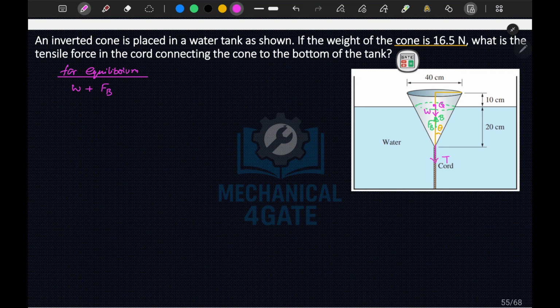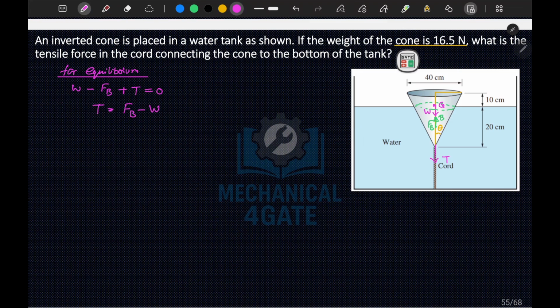Okay, so from here we can write W minus FB plus T is equal to 0. So I can say that my tension is equal to FB minus W. Let's substitute the values here.